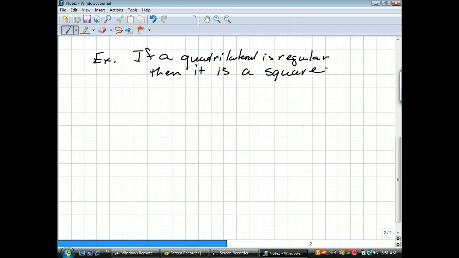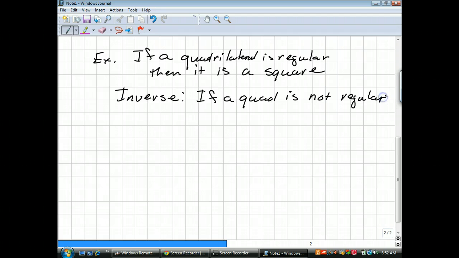Okay? The inverse of that statement would be if a quadrilateral is not regular, then it is not a square. Okay.